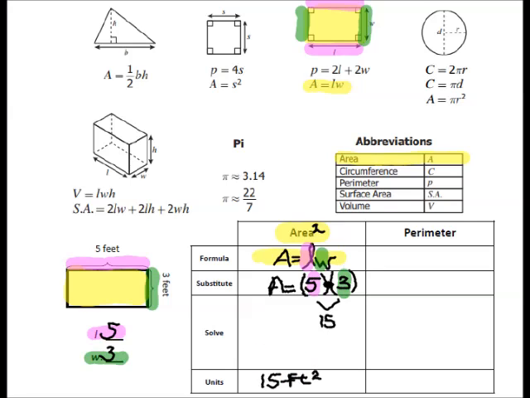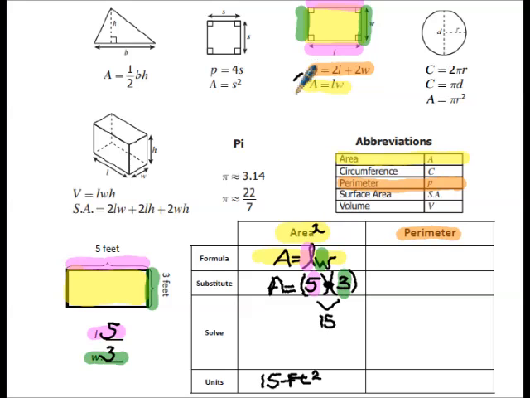Now that I'm trying to find the perimeter, I am going to look for the perimeter formula underneath the rectangle because we have a rectangle. When I'm looking at the abbreviations, perimeter has the letter P. So the formula that says P equals underneath the rectangle is the formula that we would need to write.